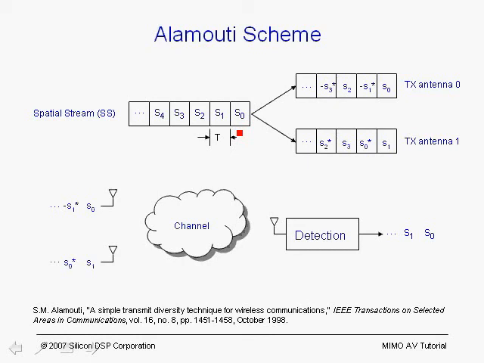Also consider the fact that in OFDM we're dealing with multiple carriers, and S0 is a carrier within the OFDM symbol at this time, and S1 is a carrier within the OFDM symbol delayed by t, or 4 microseconds. So we can be dealing with carriers that are delayed in time by 4 microseconds, and each carrier that goes through the channel can then be treated as exhibiting flat fading in OFDM.